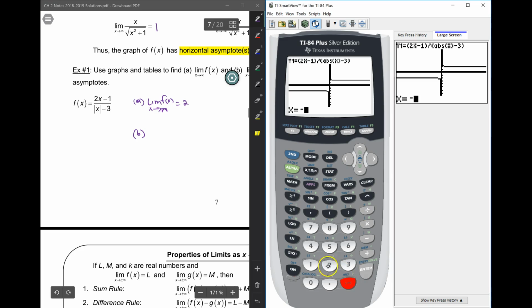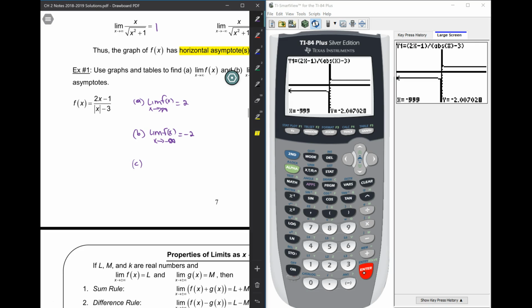And then if I type in negative 999, I'm at negative 2. So the limit of f of x as x approaches negative infinity is negative 2. And then C says identify all horizontal asymptotes.